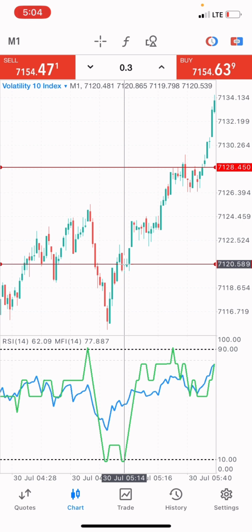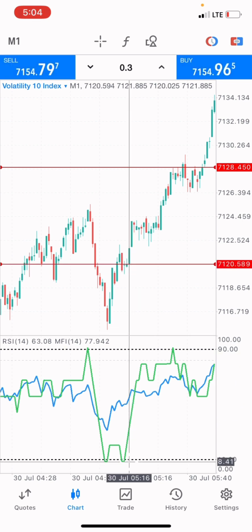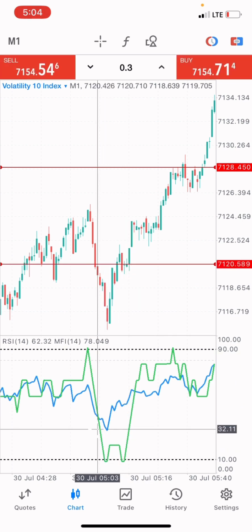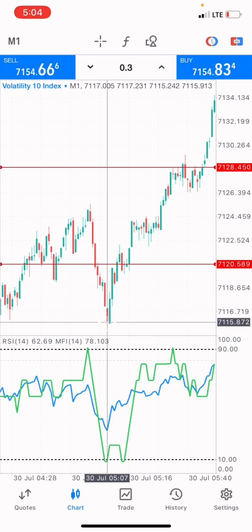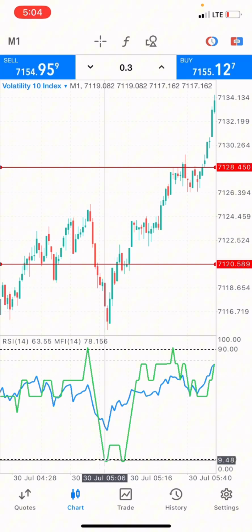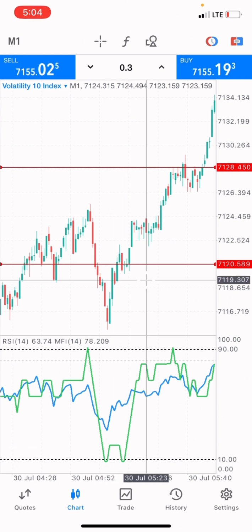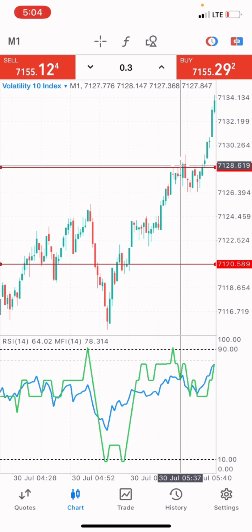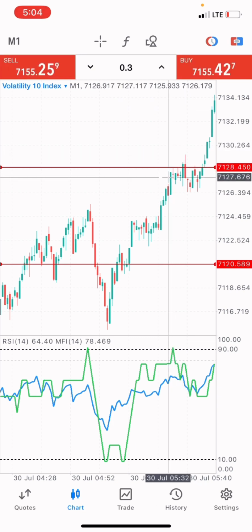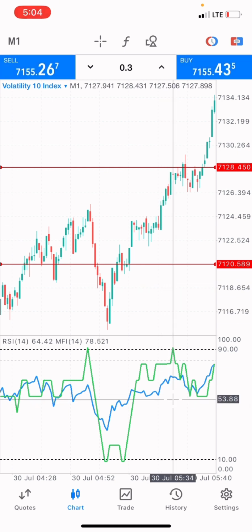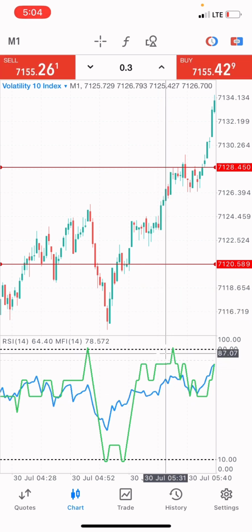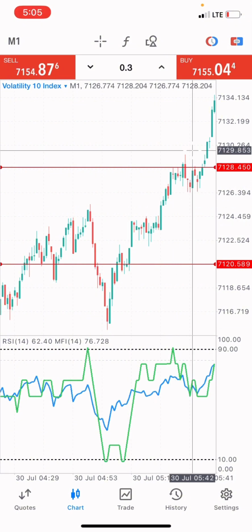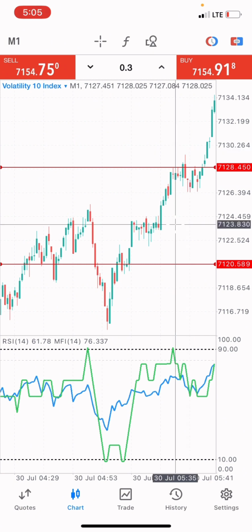You only enter the market when the price action is below the support level in a downtrend when the MFI crosses level 10, and when the price action is above the resistance zone, then you take a sell at that point when the MFI crosses level 90.